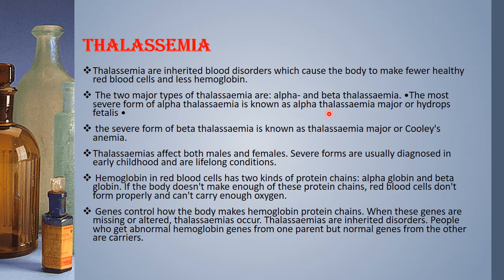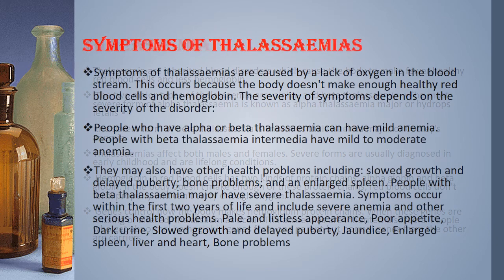Actually, it is considered, as I said before, an inherited disorder. And those types of patients may get abnormal hemoglobin gene from one parent but normal gene from the other carrier. إذن يحتاج إلى جين واحد in order to establish this disease.